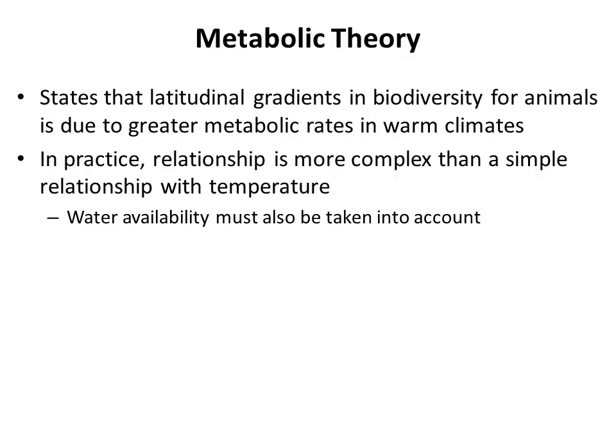Another theory that is used to describe the latitudinal gradient in biodiversity is metabolic theory. And just like energy theory is primarily related to biodiversity in plants, metabolic theory is specific to explain biodiversity gradients in animals. So metabolic theory states that latitudinal gradients in biodiversity for animals is greater due to greater metabolic rates in warm climates. So think about ectotherms for a minute.